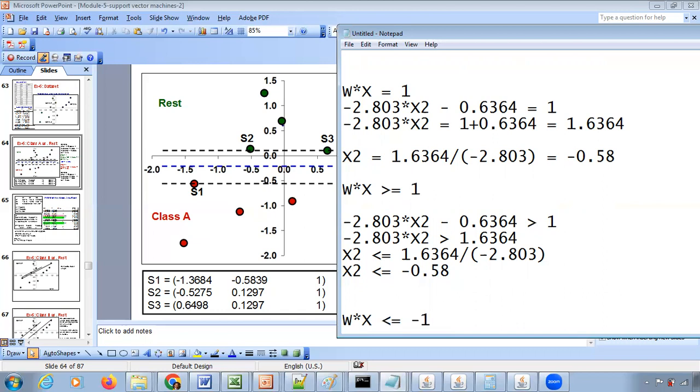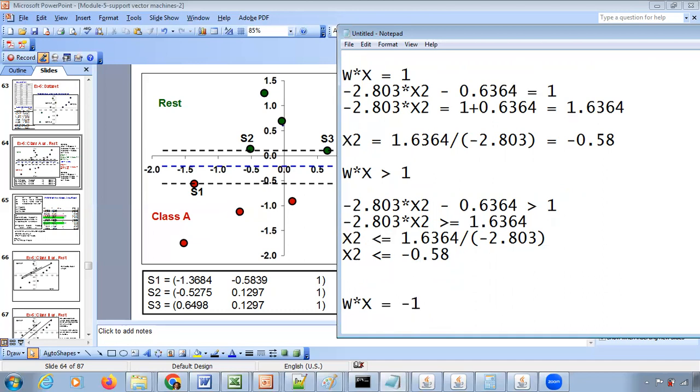So we could do that as well. Let's do it separately. So I wrote here for the red data points, x2 is less than or equal to -0.58. So let's do first equals -1. So again, this is our wx equals -1.